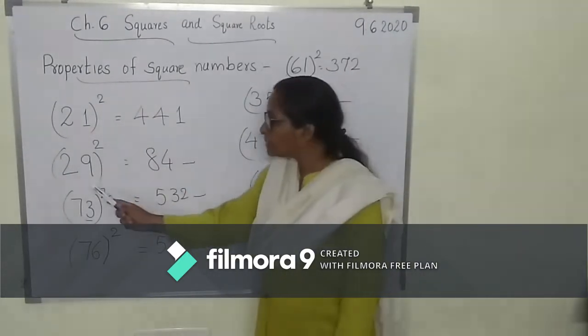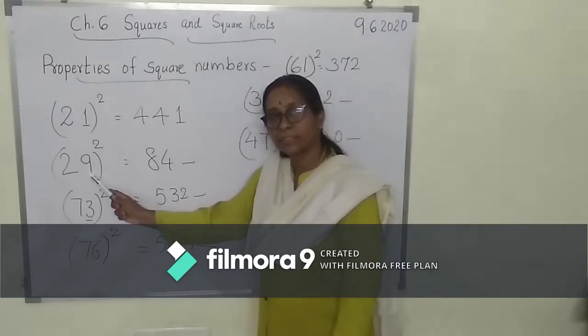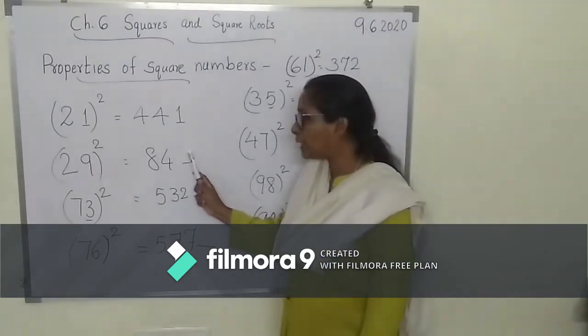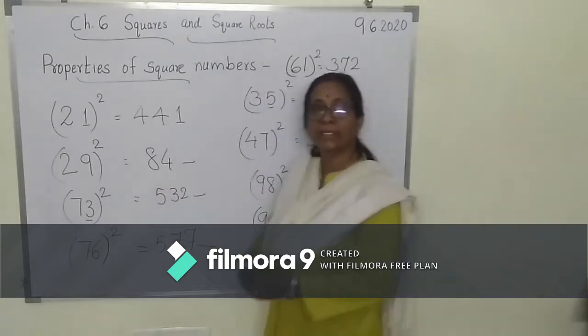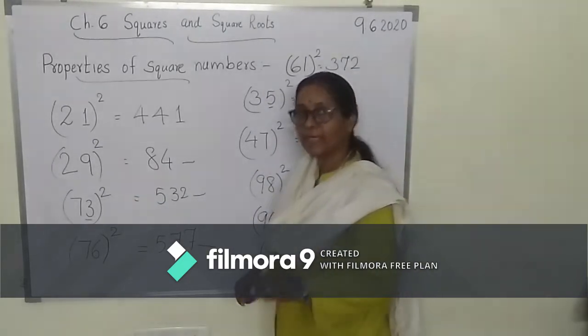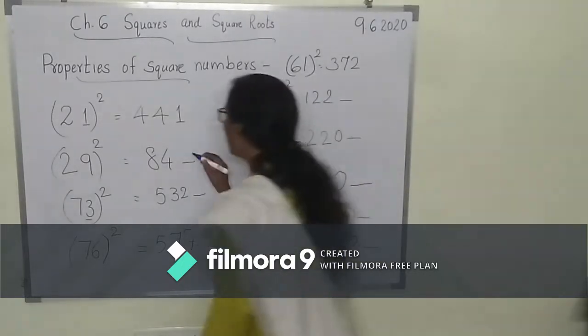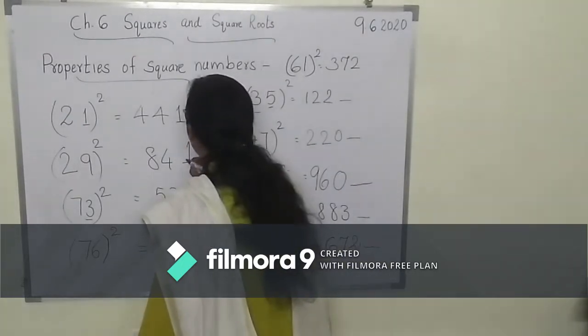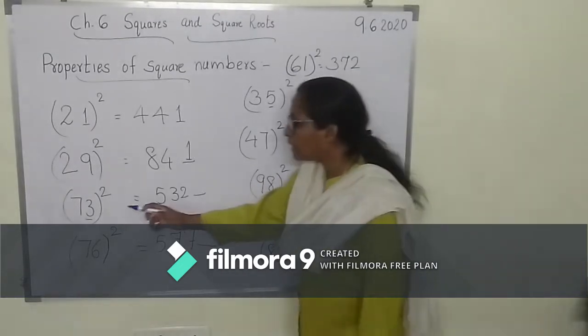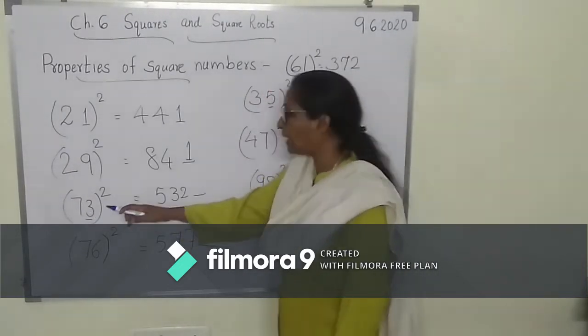How to find out? What is the unit place here? 9. So what will be the unit place of its square? 9 nines are 81. So the unit place of 81 is 1. So here the unit place will be 1. Okay. Now here you see 73 square.